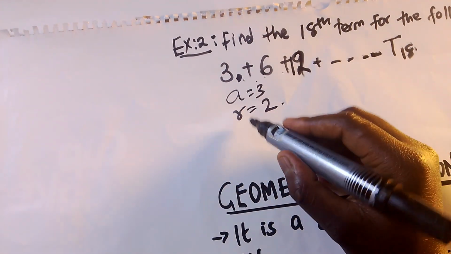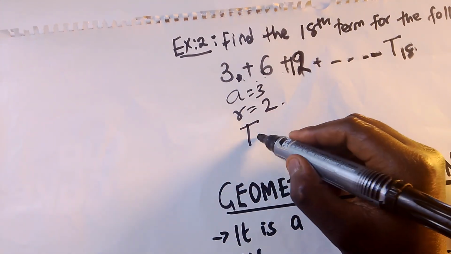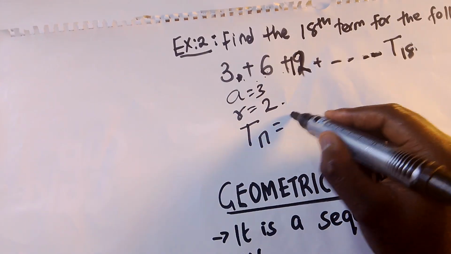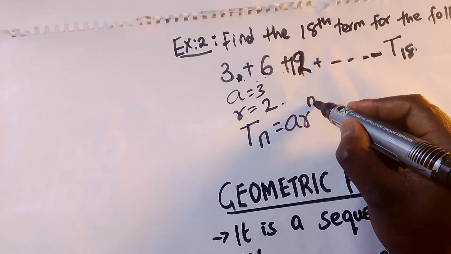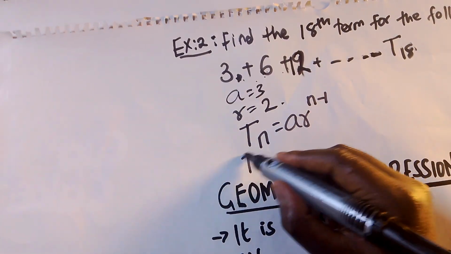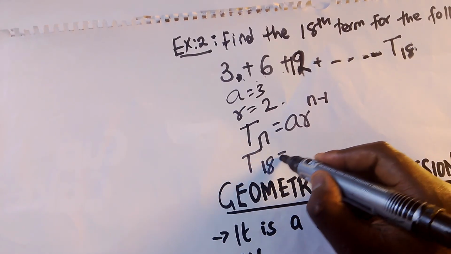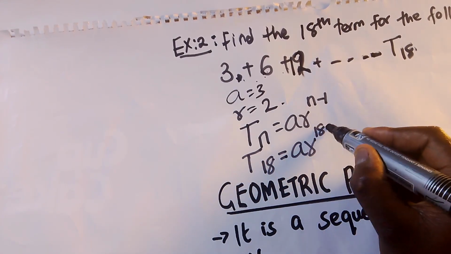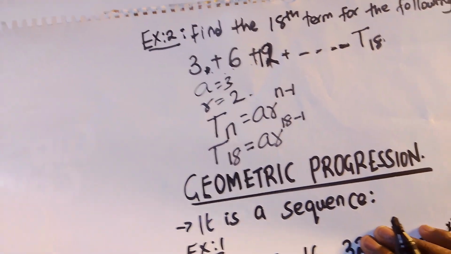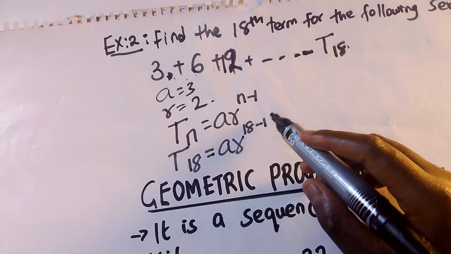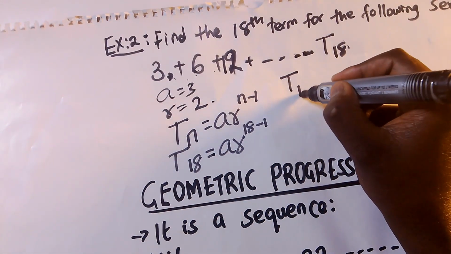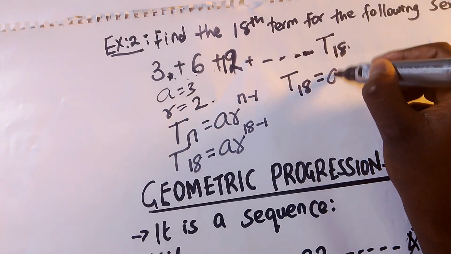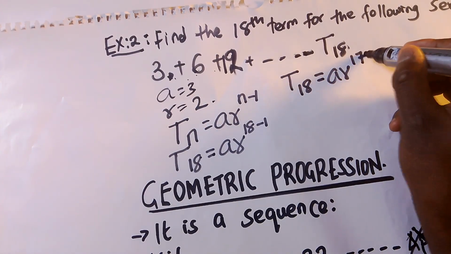Therefore, our 18th term, Tn, is equal to AR^(n-1). So T18 will be equal to AR to power 18 minus 1. 18 minus 1 is equal to 17. So T18 will be equal to AR to power 17.